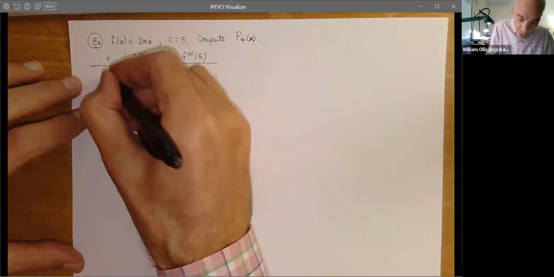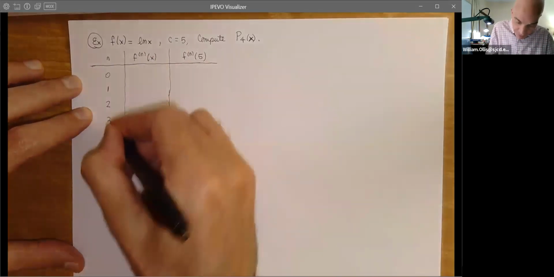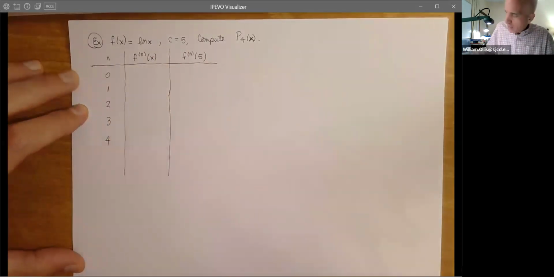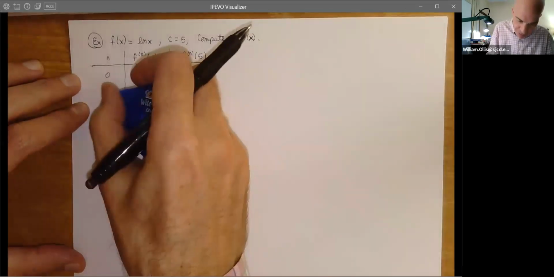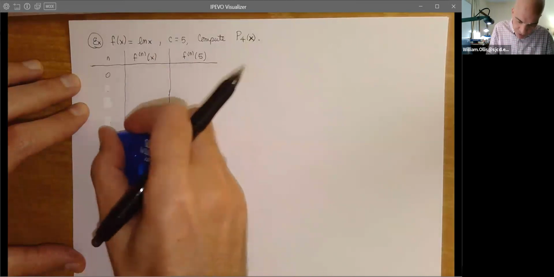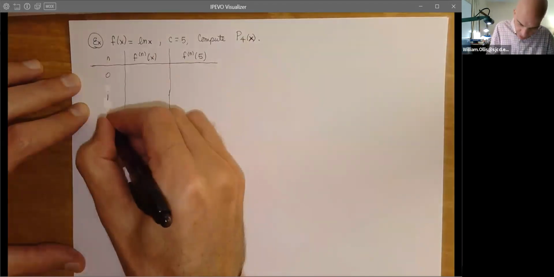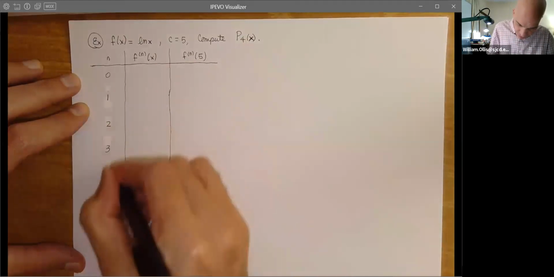So we have 0, 1, 2, 3, 4. Now, let me space these just a little bit more because we've got fractions and we need room for them. So let me not be so cavalier here. So 1, 2, 3, and a 4.